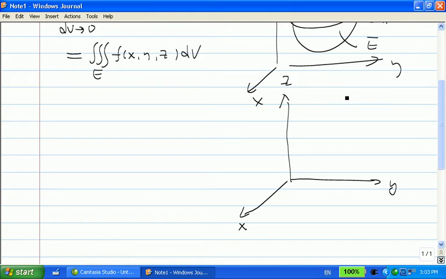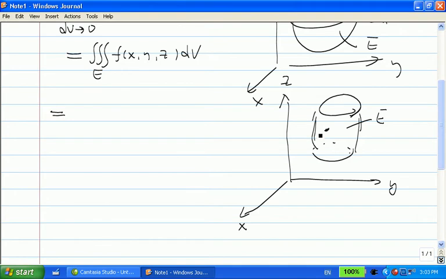Think about a solid like this. This is our solid E. We want to write it as an iterated integral to calculate it, just like a double integral. So first we need to describe all the points inside of this solid E.